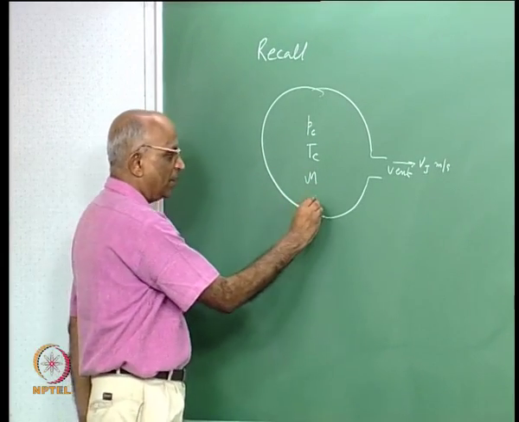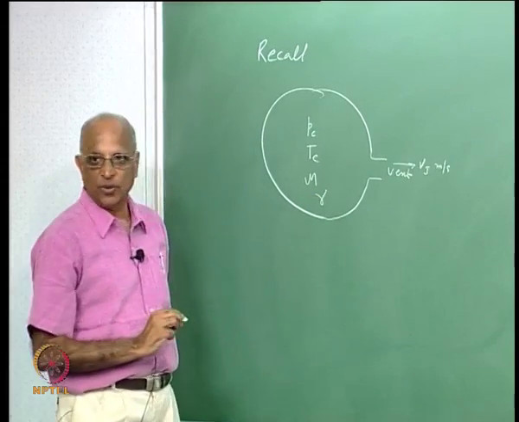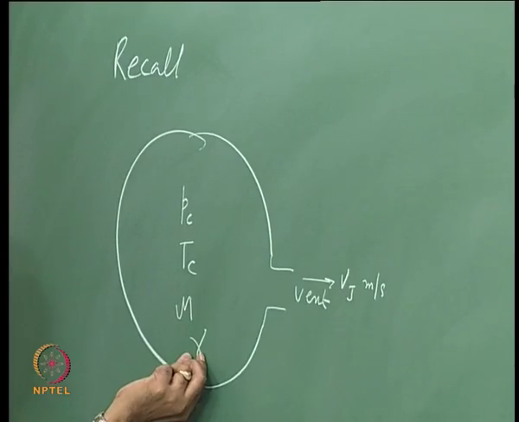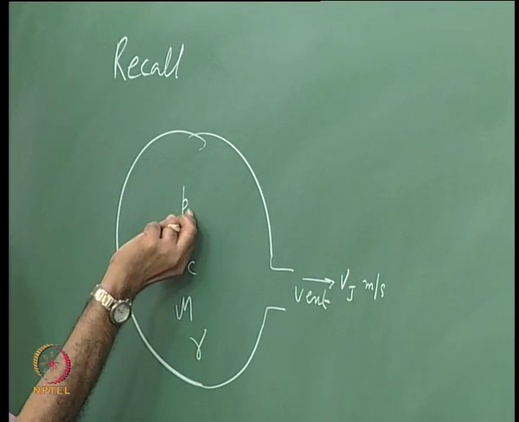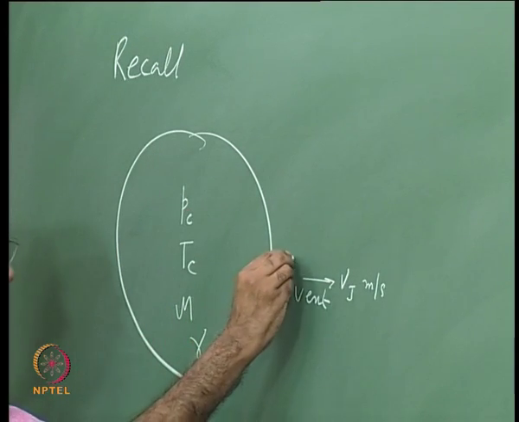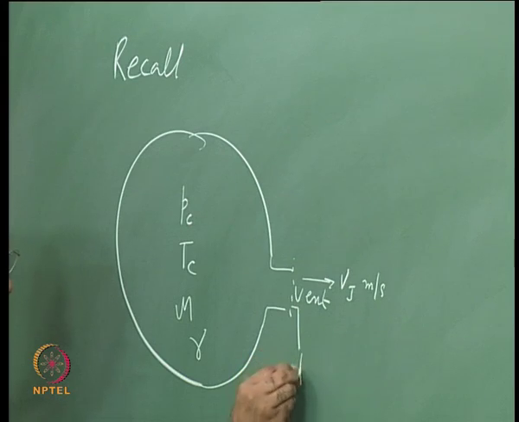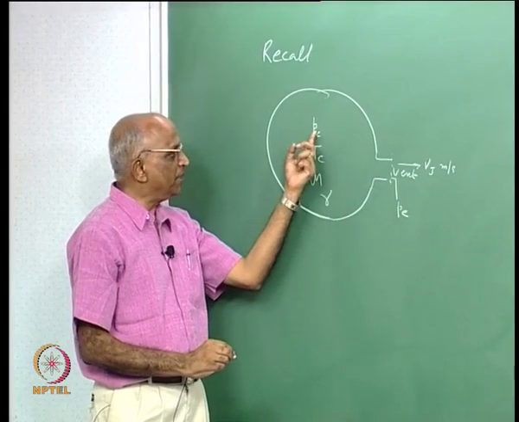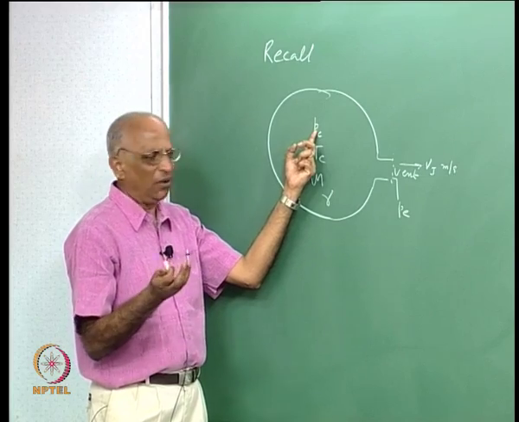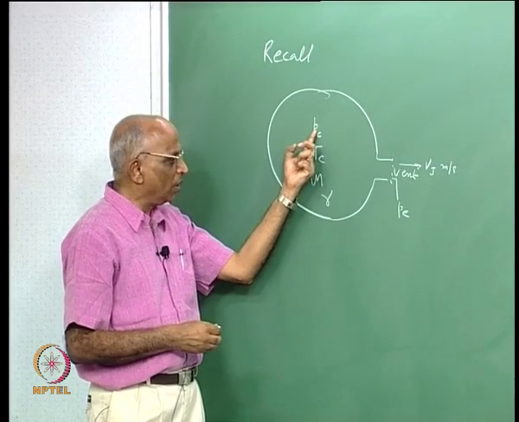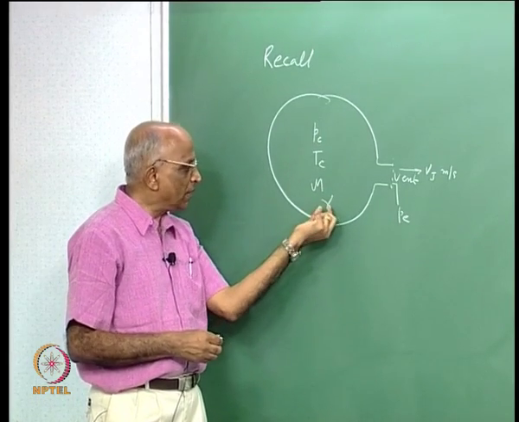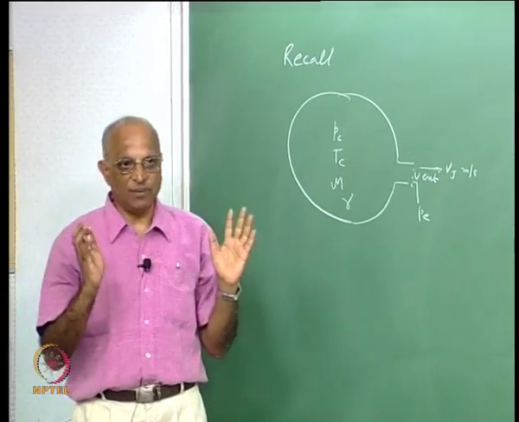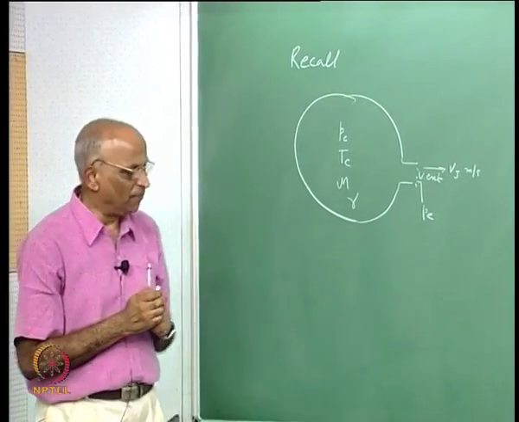We also examined the variation with respect to gamma, and told ourselves gamma is not very influential, especially when Pc is small, or the ratio Pe over Pc is somewhat high, where Pe is the exit pressure. When the Pc value is small compared to Pe, then gamma is not influential. This is what we showed last time through the expressions which we derived.